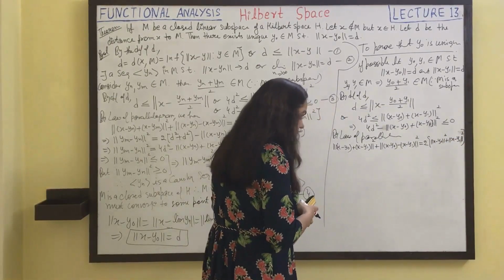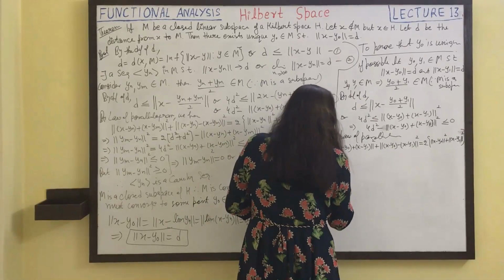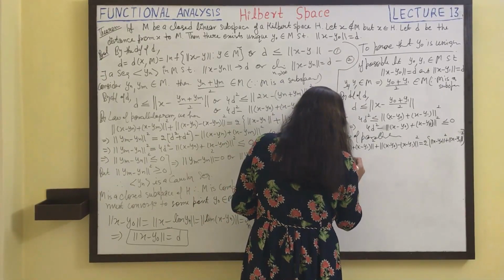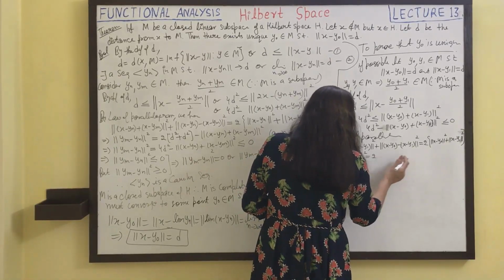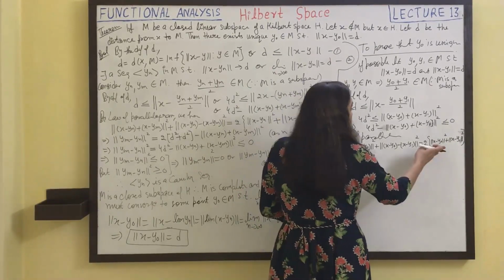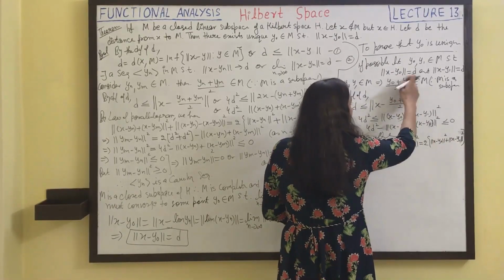Now, this implies norm of y1 minus y0 squared is equal to twice of, we can replace these two norms by d.